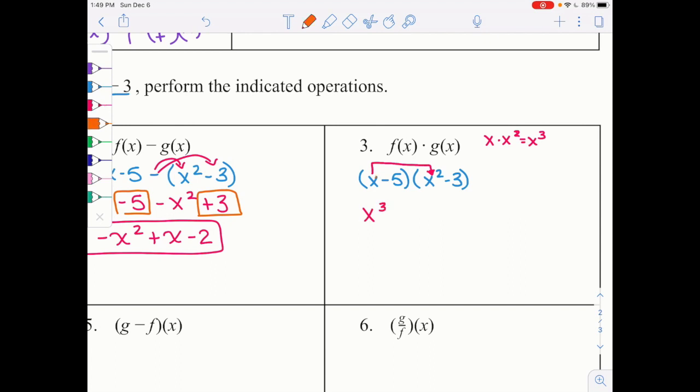Then you're going to do x times -3 to get -3x. Then I'm going to do -5 times x squared, which is -5x squared.